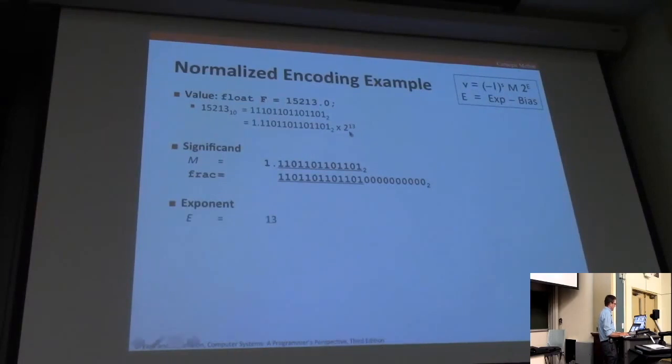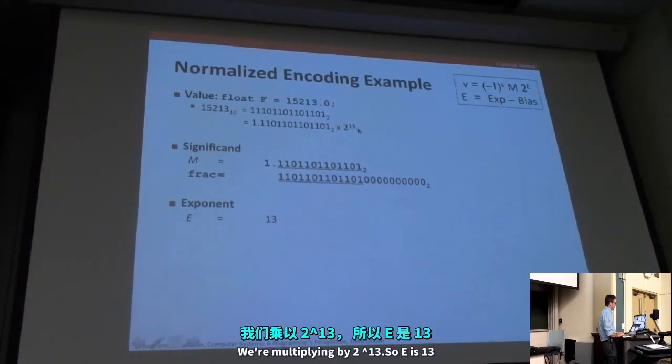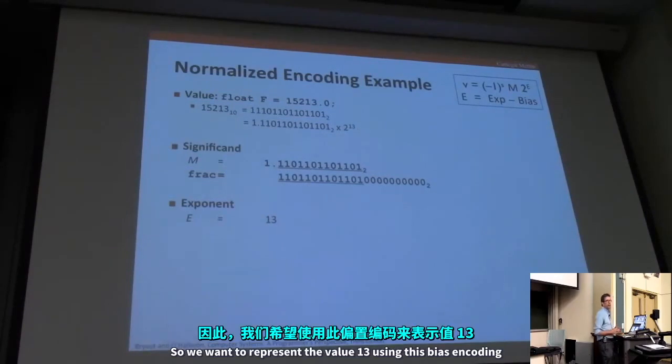The exponent, in this case, we're multiplying by 2 to the 13th. So e is 13. We want to represent the value 13 using this biased encoding.